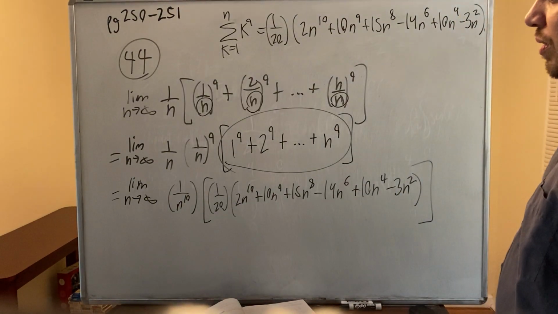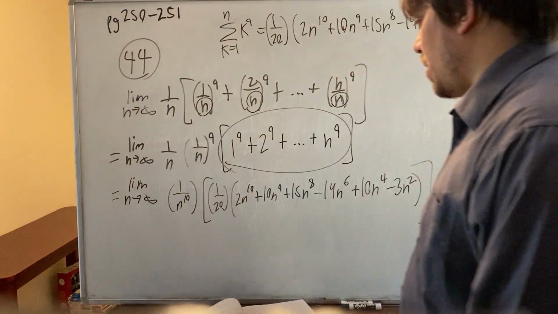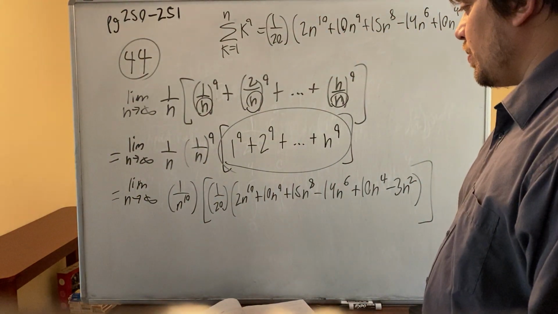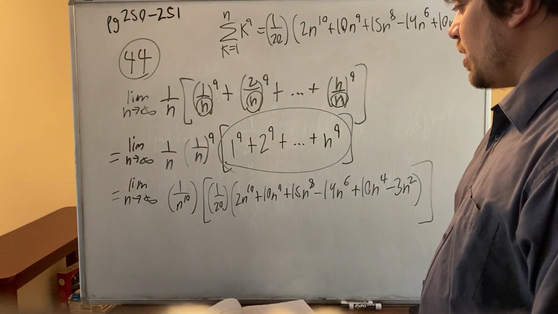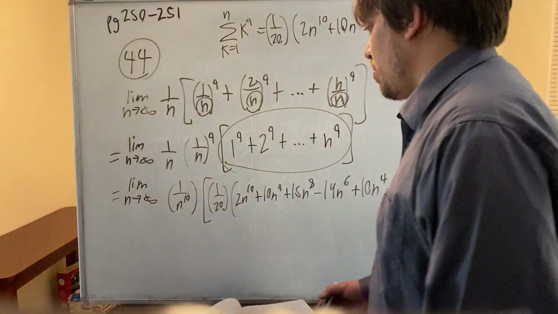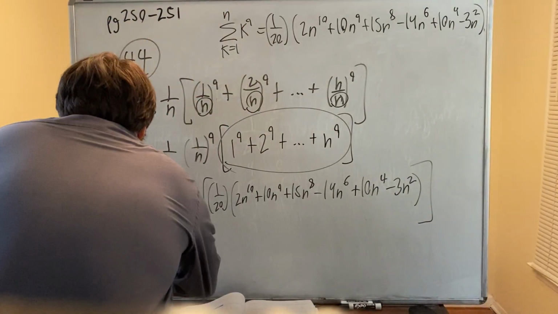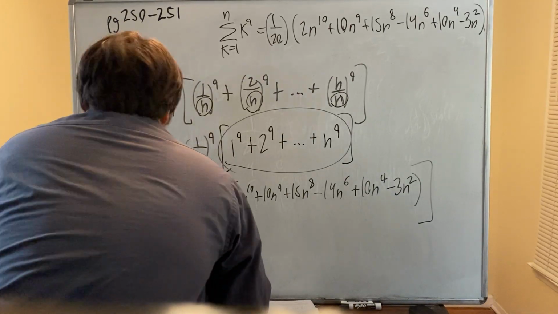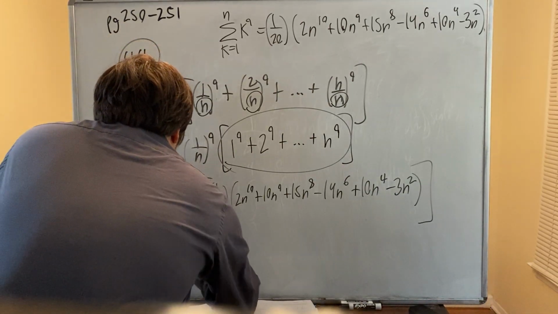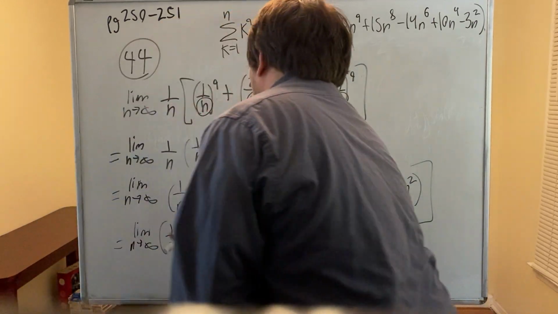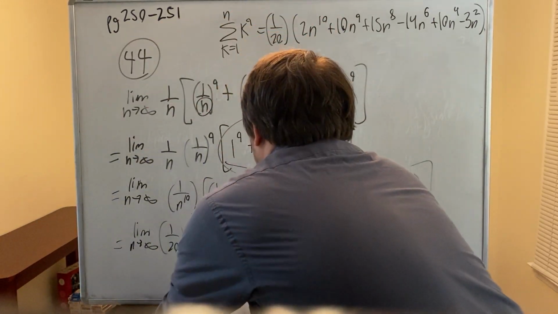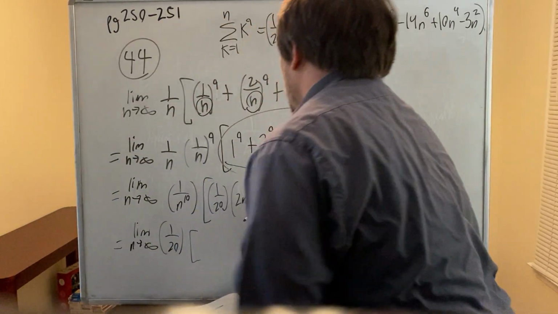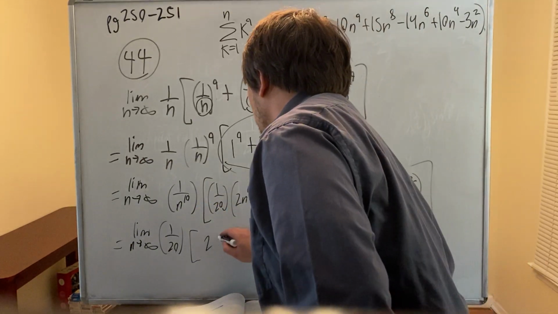Now if you divide this whole thing by n to the 10th power, this is equal to the limit as n approaches infinity of 1 over 20. I'm going to move the 1 over 20 out, and then divide by n to the 10th power. So 2 times n to the 10th divided by n to the 10th is 2.